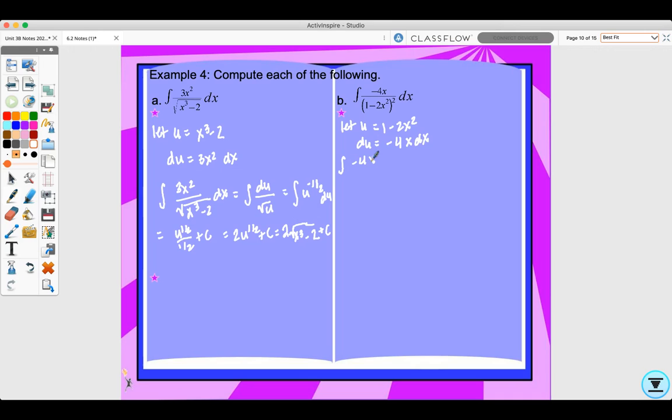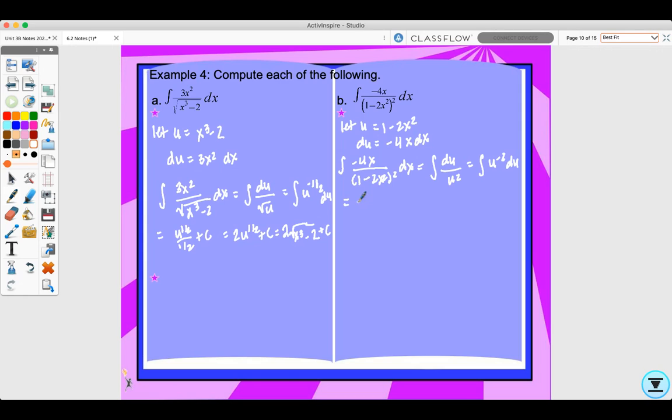So negative 4x all over (1 minus 2x squared) all squared dx would actually be equivalent to, when I substitute in u, du over u squared. And this would be the same thing as u to the negative 2 du.